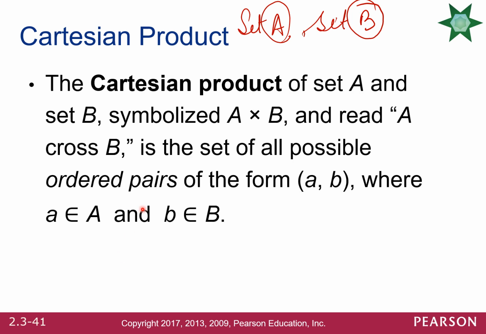So here it says the Cartesian product of set A and set B, symbolized as A times B and read as A cross B actually. Even though we use the multiplication sign, because it's part of set theory, we read it as A cross B. It is the set of all possible ordered pairs of the form (a, b), where a belongs to set A and b belongs to set B. So we are going to end up with a pair of values.